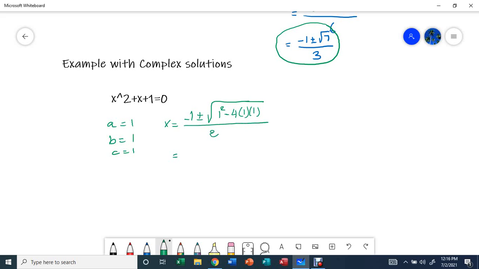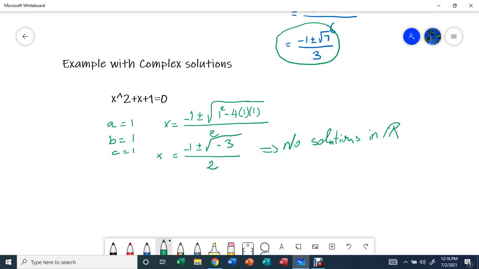So now you can see I have a negative number under the root, so negative 1 plus or minus the square root of 1 minus 4, it's negative 3, divided by 2. So there is no solution in R, which is real numbers, but there is a solution in C, which is the complex numbers.